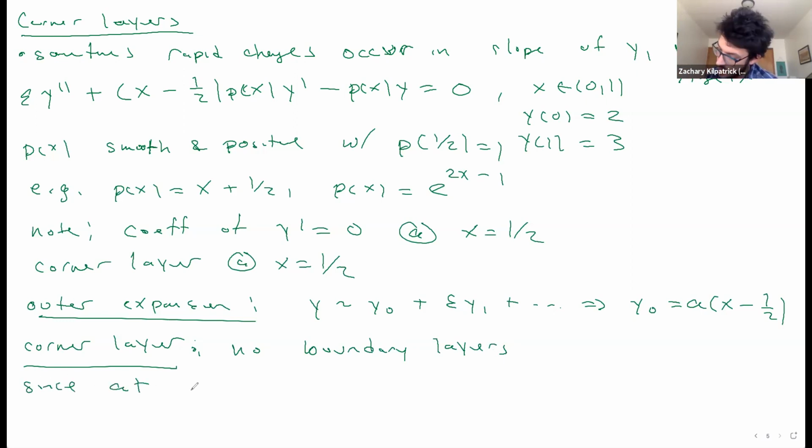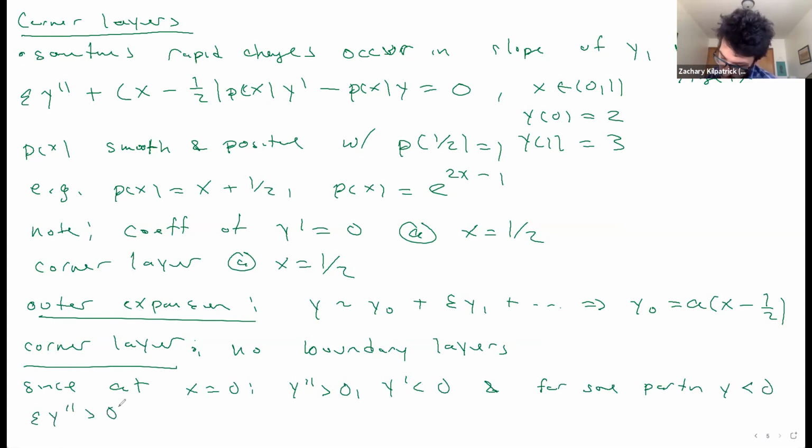Since at x equals 0, y prime prime is greater than 0, y prime is less than 0, and for some portion, y is less than 0, okay? So that means I'm going to have epsilon y prime prime is greater than 0, okay, which is greater than the negative of the rest of our equation, okay? So sort of following the same logic as before, okay?